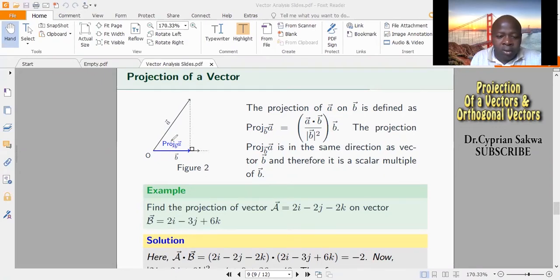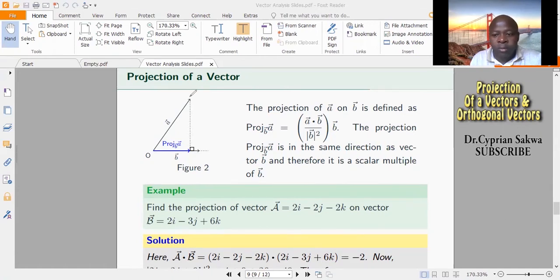What I mean is, supposing some light was to be put vertically above vector A, where will its shadow be on vector B? Where will vector A cast its shadow on vector B? The shadow of A on B is what we call the projection of A on B.